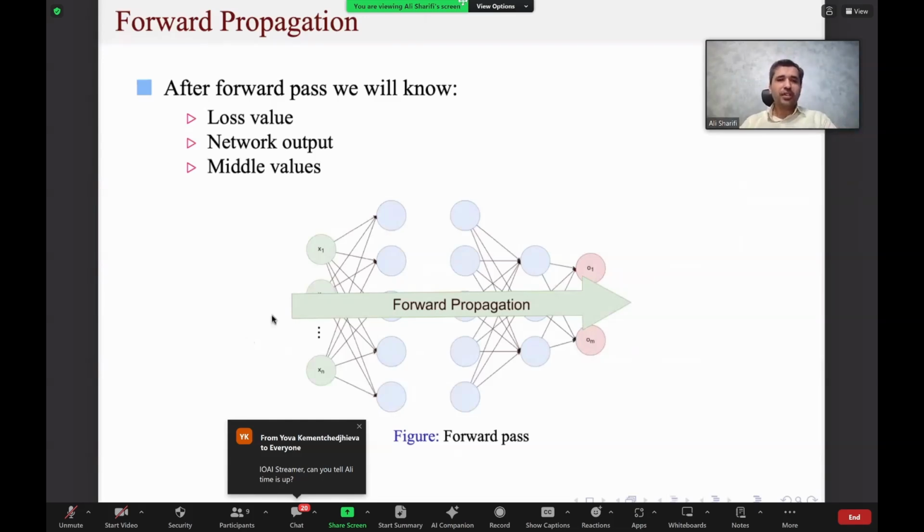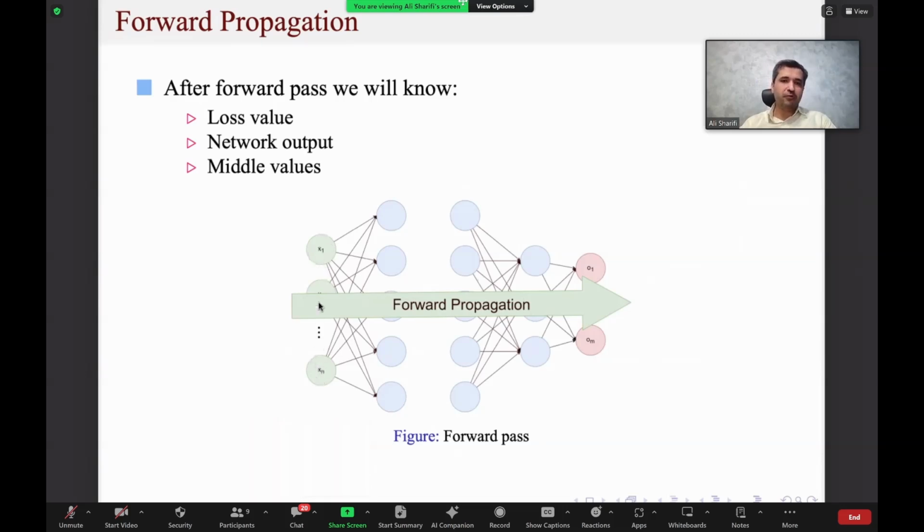So during this forward propagation, we put one of the training data here, and we evaluate the output value of each neuron layer by layer, and go on until we compute the outputs. The predicted output might be similar to the actual output, or might have error here.